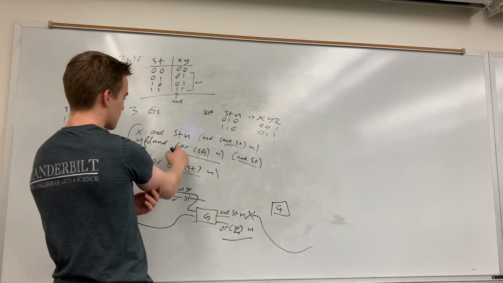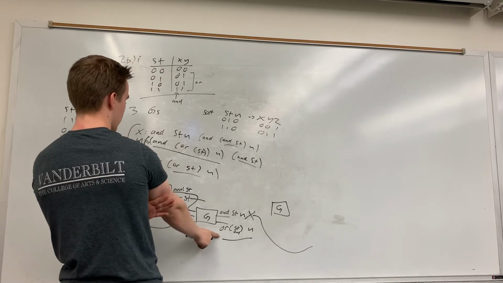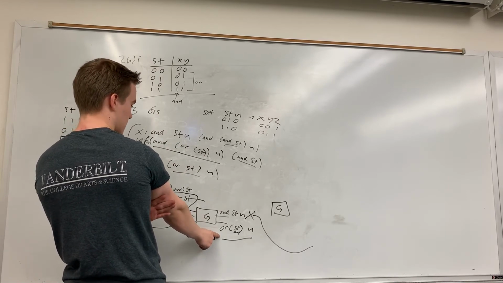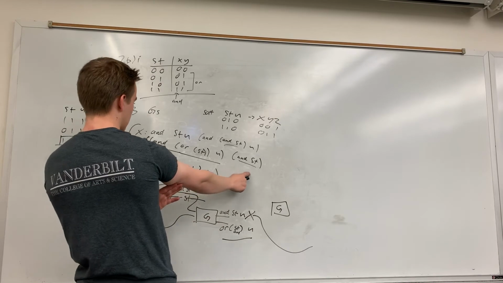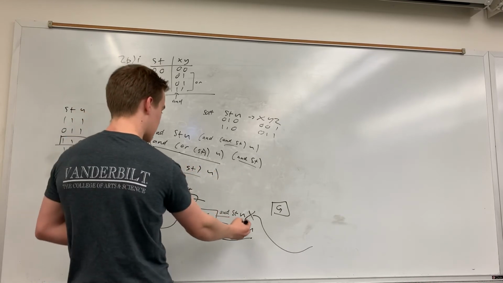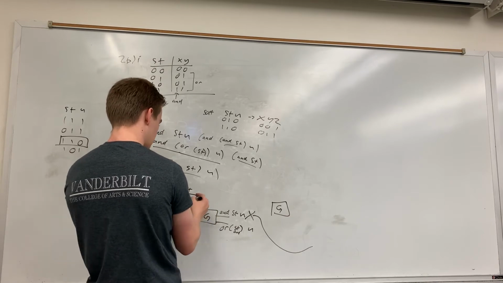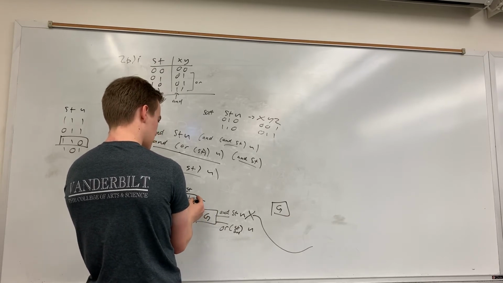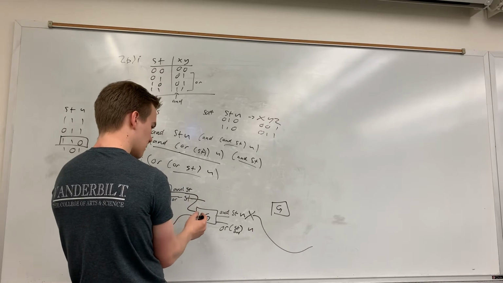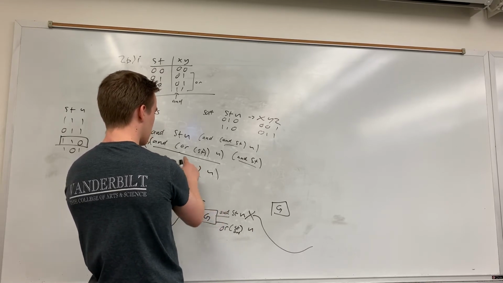Yeah, so this here is this, right? And we need that OR AND ST. So say we take this guy and our AND ST. Oh no, sorry, we wanted OR STU.